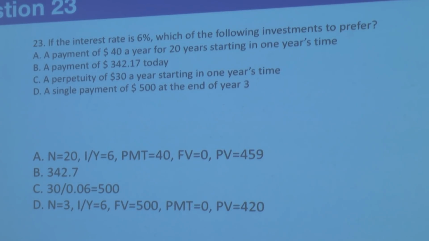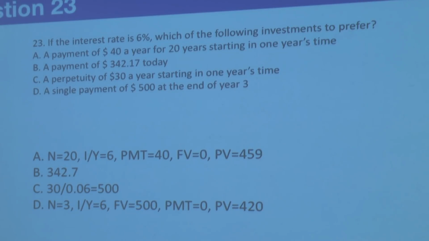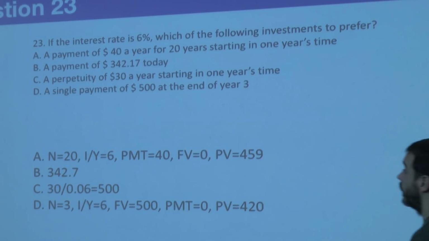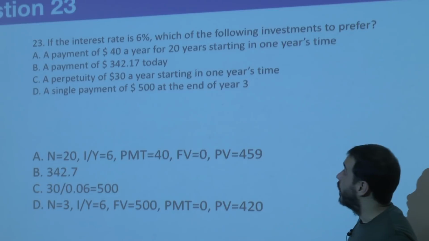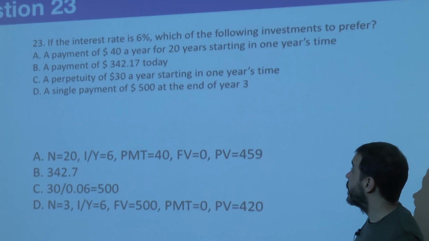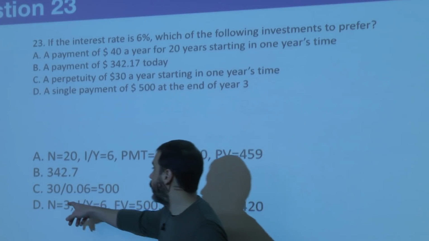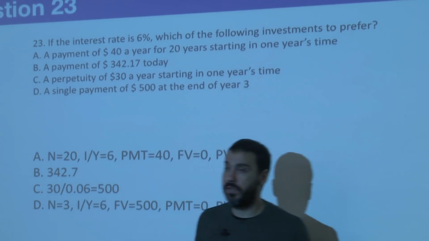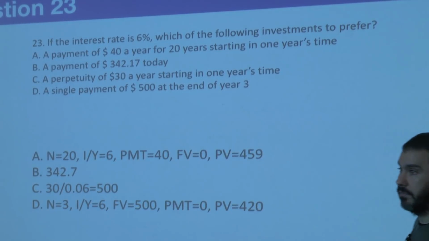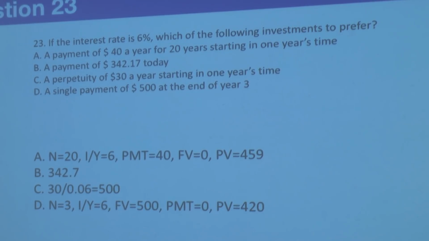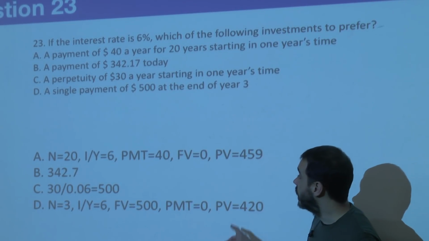The present value of it is just the amount itself, because it happens today. There's no need to discount anything. C is a perpetuity of 30 a year, starting in 1 year's time. That's normal perpetuity, payment divided by interest rate. Level perpetuity, the only type we saw.